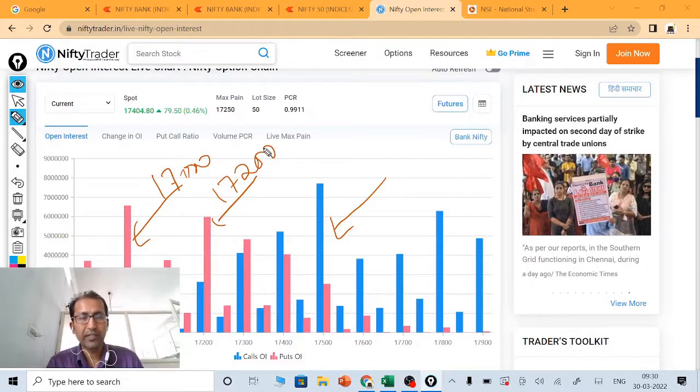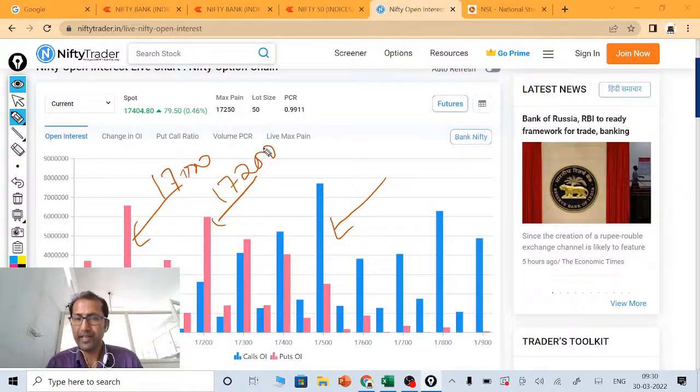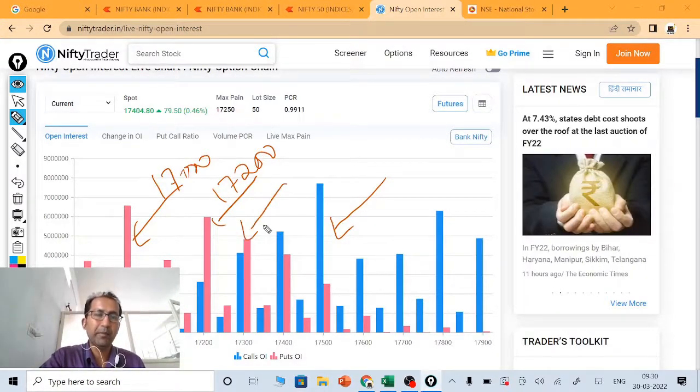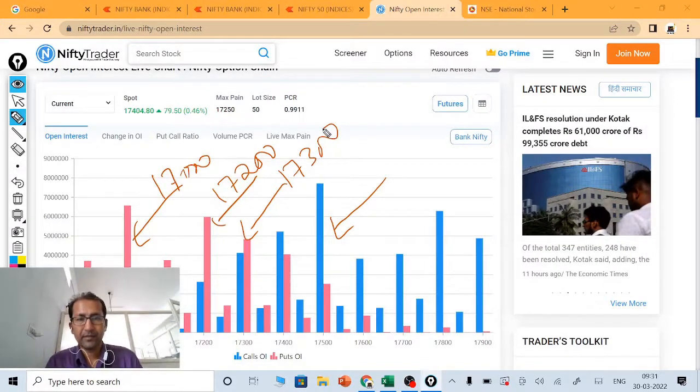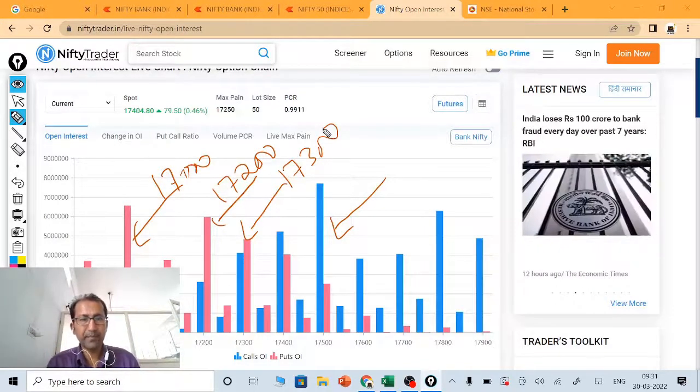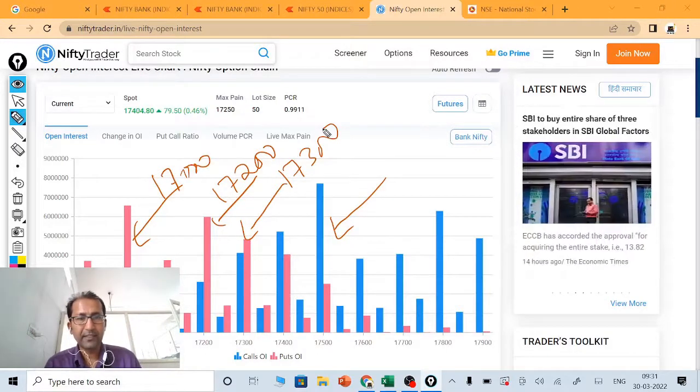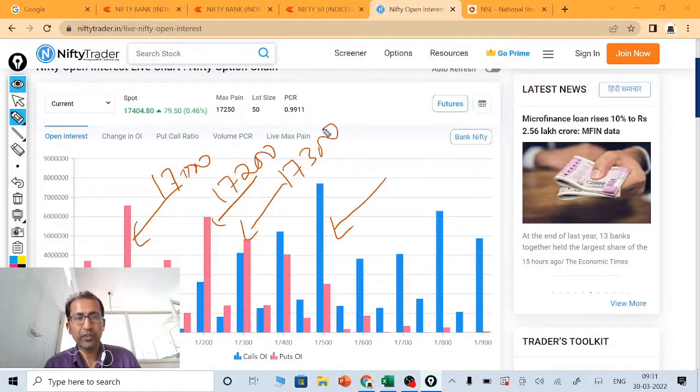So 17,200 is going to be a major support, and there is also put build up at around 17,300. So net to net, maximum pain is at 17,500 on the higher side and 17,200 on the lower side.